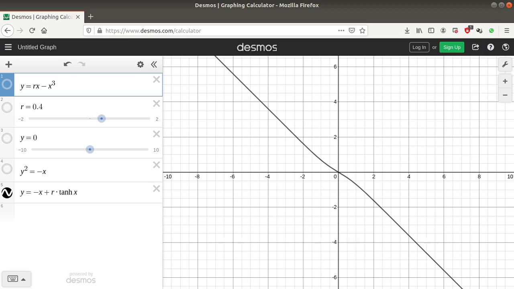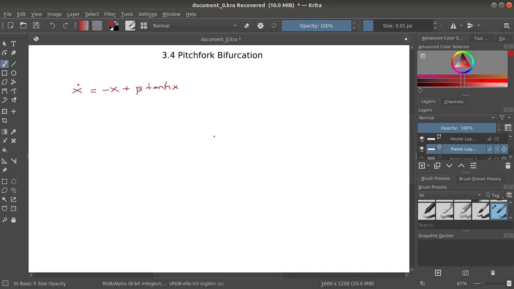But if we see it in a different manner, we could see that the critical value of R is equal to 1. How am I going to do that? I am going to do that by plotting the following equations.